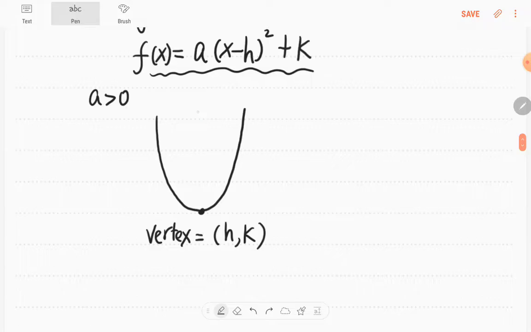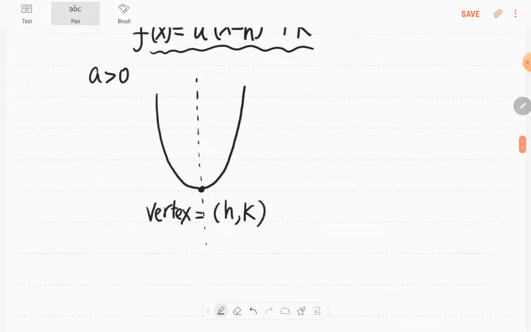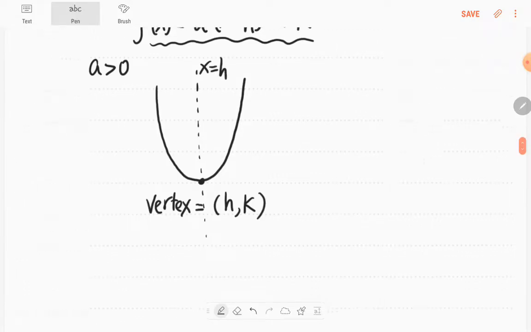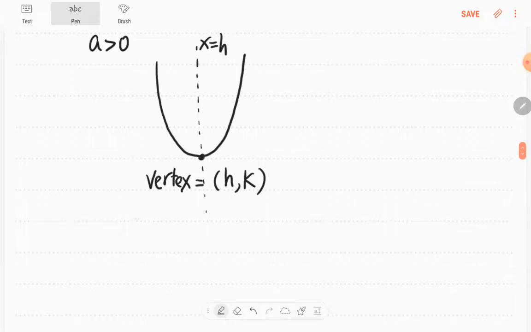Now you will see that this curve is symmetric with respect to this vertical line, which goes through the vertex. This vertical line has the equation x equals h. So the symmetry line for this graph is x equals h.